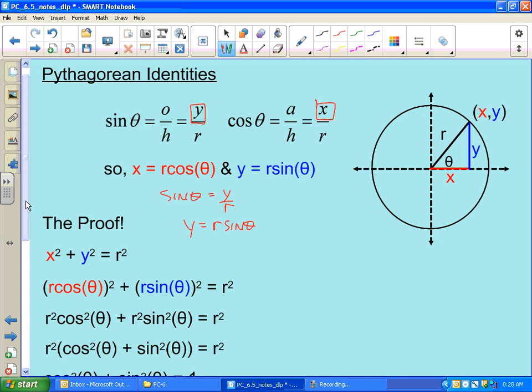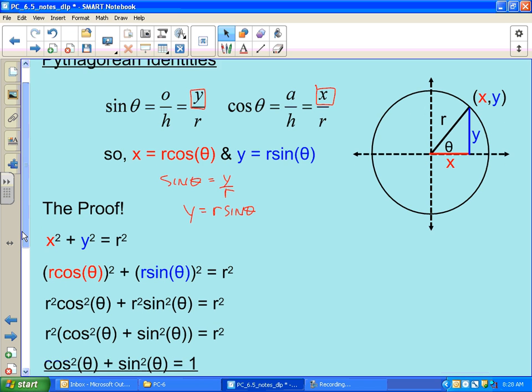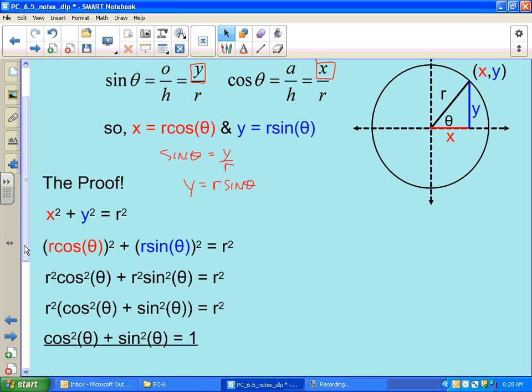So we're just taking these r values, which in our unit circle is a 1, but we're taking them generically as r, and we get y equals r sine theta and x equals r cosine theta. And so then what happens in our right triangle, in our unit circle, is these x values become cosine theta times r's, and these y values become sine theta times r's.